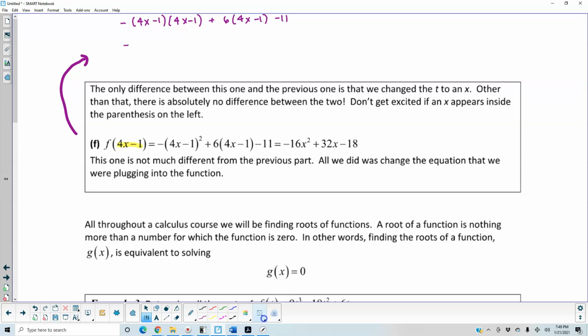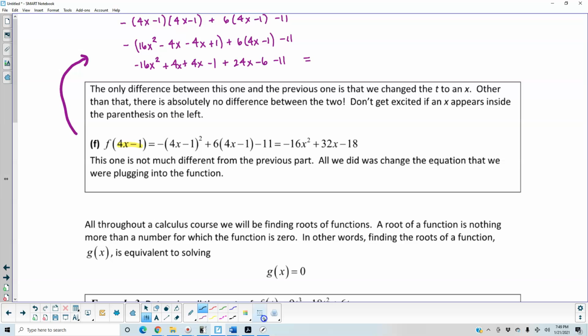So we should get 16x squared minus 4x minus 4x plus 1, plus 6 times (4x minus 1) minus 11. Distributing the negative sign, we get negative 16x squared plus 4x plus 4x minus 1 plus 24x minus 6 minus 11.